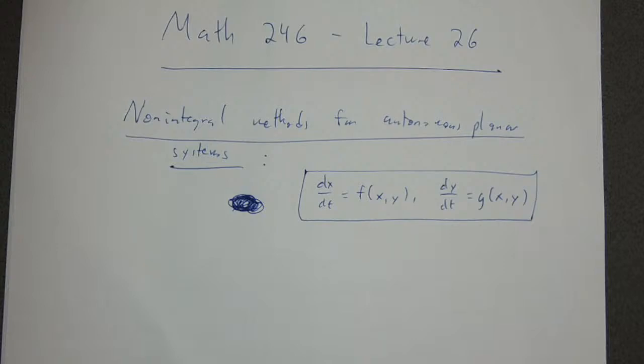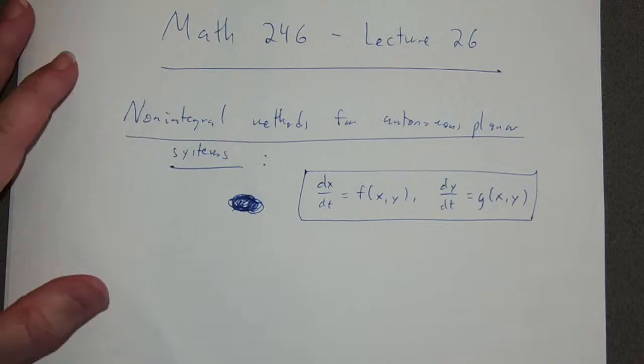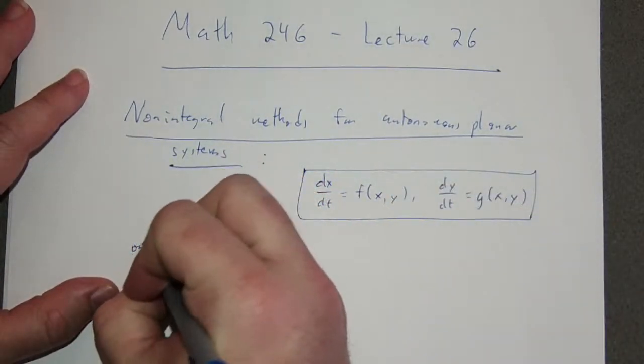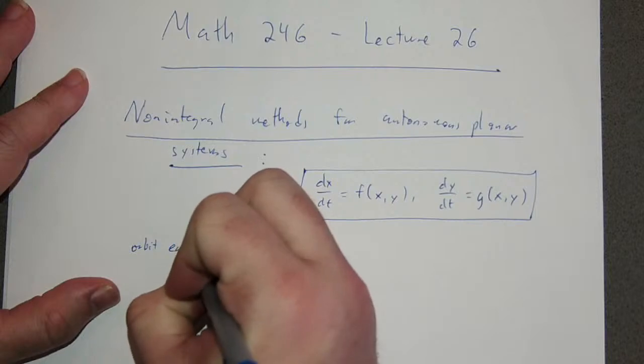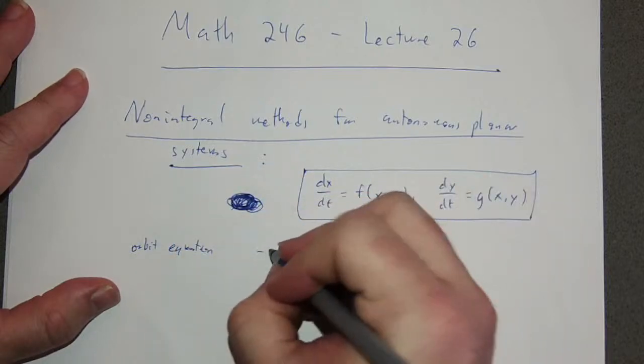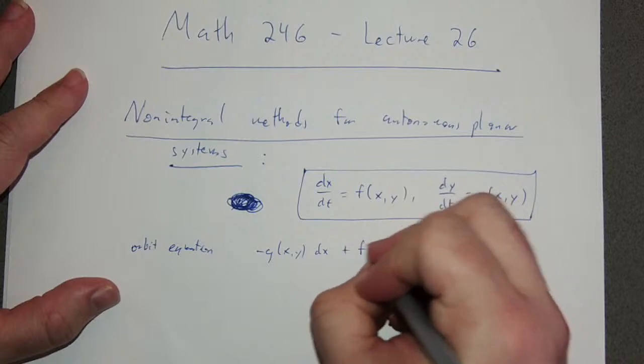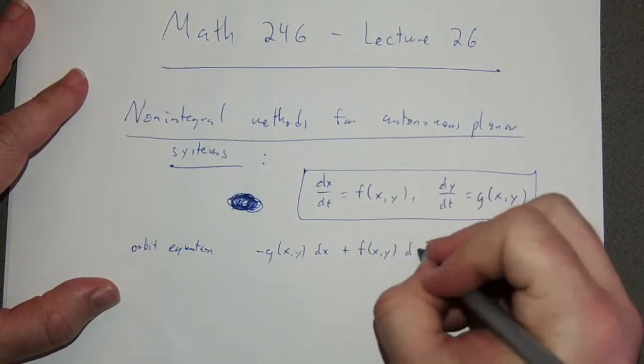And I want to discuss non-integral methods, which, as I talked about yesterday, is basically what we do when we can't find an integral for this, right? So remember the orbit equation was minus g(x,y) dx plus f(x,y) dy is equal to 0.